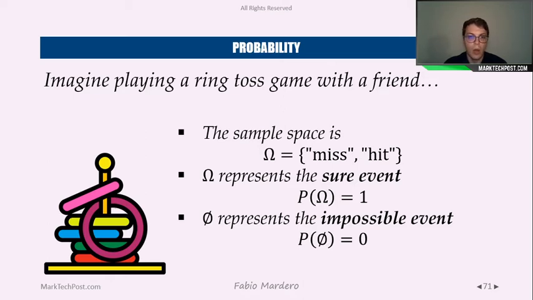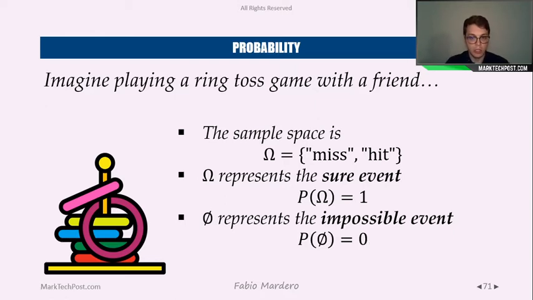Then omega represents the sure event, which means I miss or I hit. The probability of at least one of the two happening is equal to 1. And the null event represents the impossible event, which could not happen. So the probability is equal to 0.